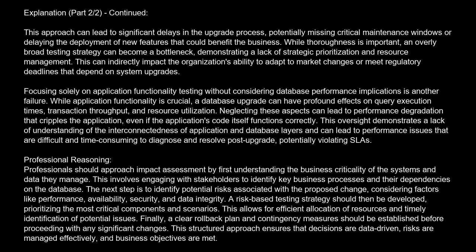A risk-based testing strategy should then be developed, prioritizing the most critical components and scenarios. This allows for efficient allocation of resources and timely identification of potential issues. Finally, a clear rollback plan and contingency measures should be established before proceeding with any significant changes. This structured approach ensures that decisions are data-driven, risks are managed effectively, and business objectives are met.